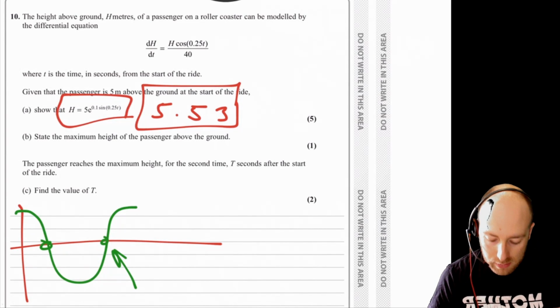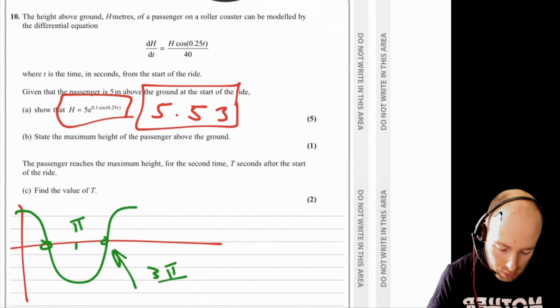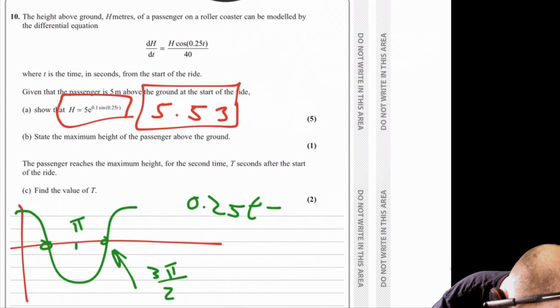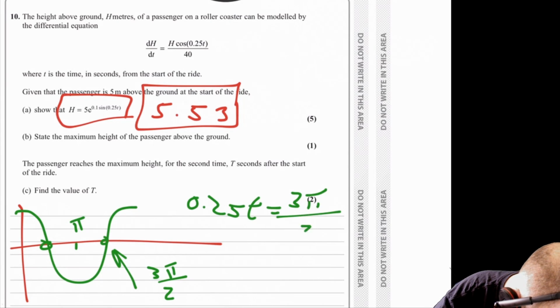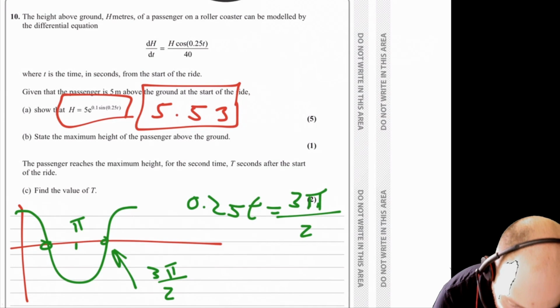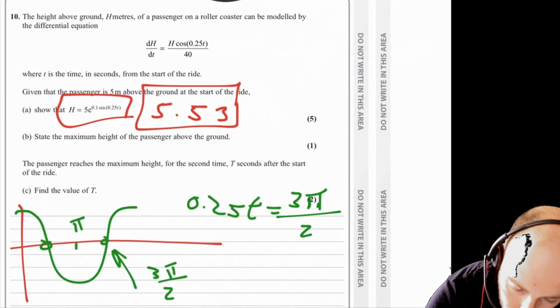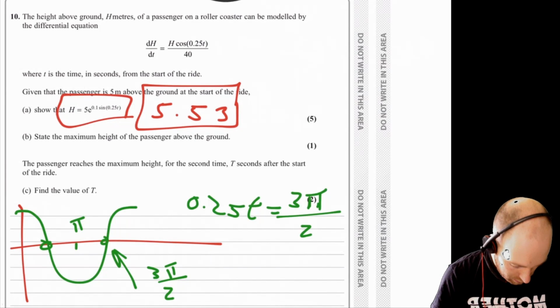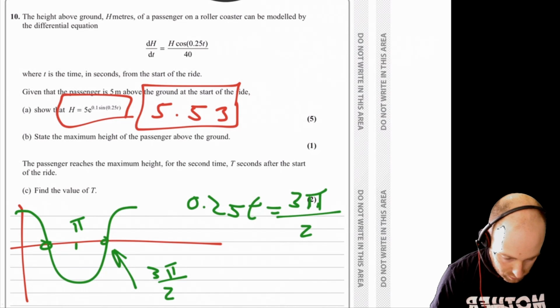So that angle is going to be, if that's pi, this is going to be 3 pi over 2. So if I set my angle 0.25t equals 3 pi over 2 and solve that, we get 3 pi over 2 divided by 0.25.